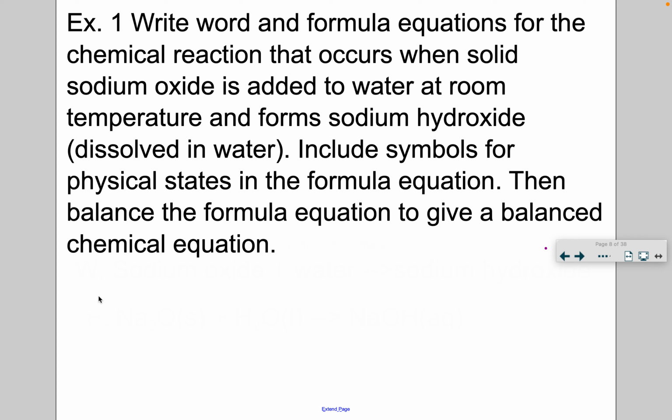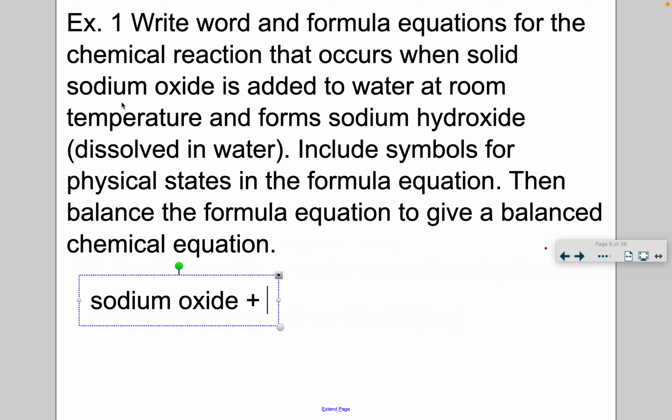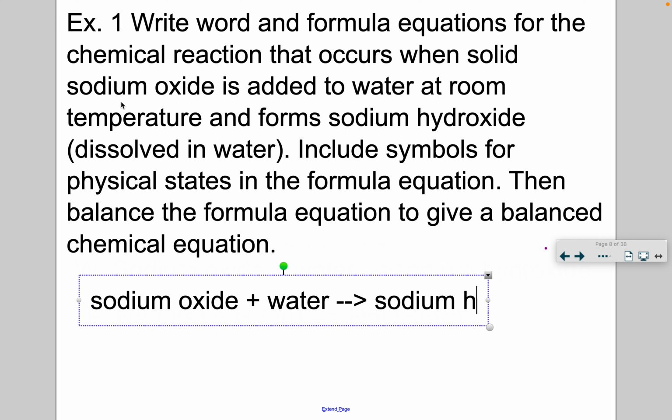So first off, let's do the word equation. Okay, so word equation, we have sodium oxide plus, so it says when sodium oxide is added to water at room temperature and it forms, I can't really do an arrow, sodium hydroxide.